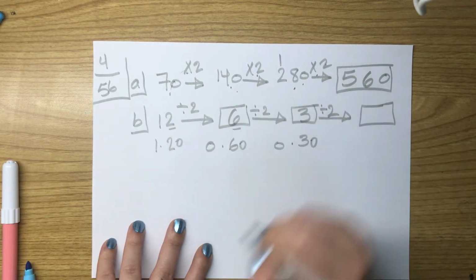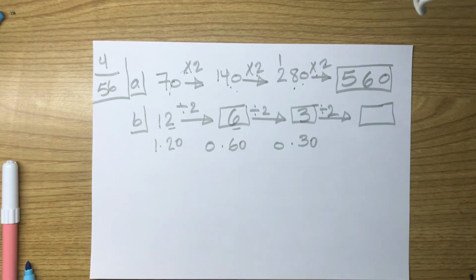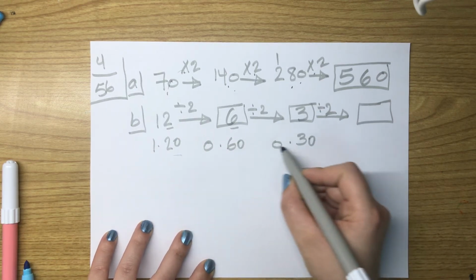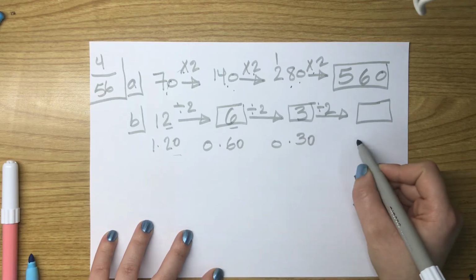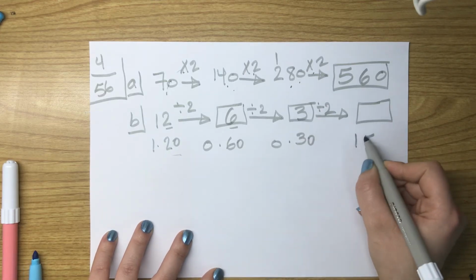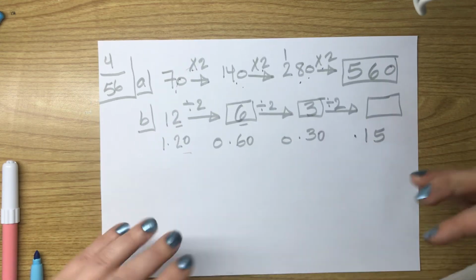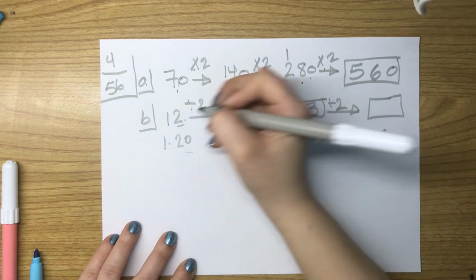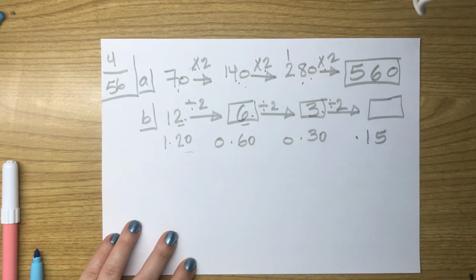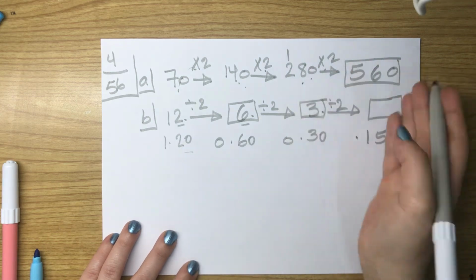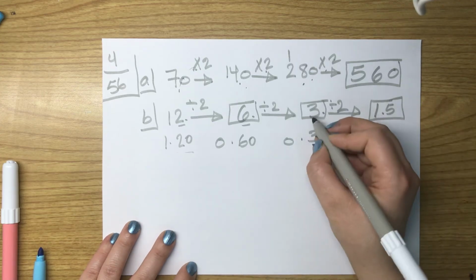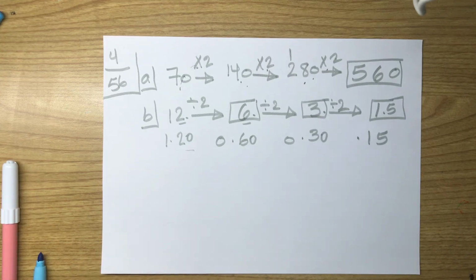See, isn't it easier? So you know that half of 120 is 60, half of it is 30, half of 30 is 15. But right now we are going the other way. The decimal point actually comes here, right? So you are going to work the opposite. Here it is going to be 1.5. So half of 3 is 1.5.